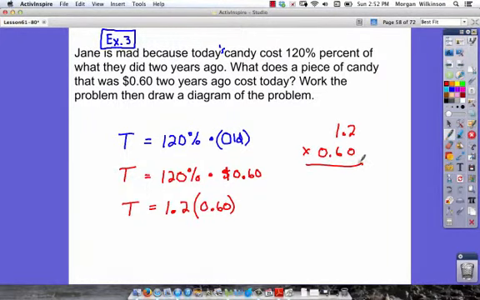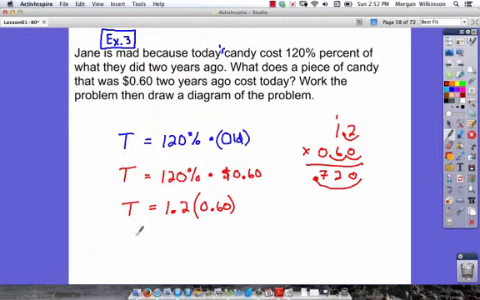We've got 0 as a placeholder, and we'll start with 6 times 2. That's 12, and we carry our 1. 6 times 1 is 6, plus 1 more is 7. We've got to move our decimal over once, twice, 3 times in our answer.